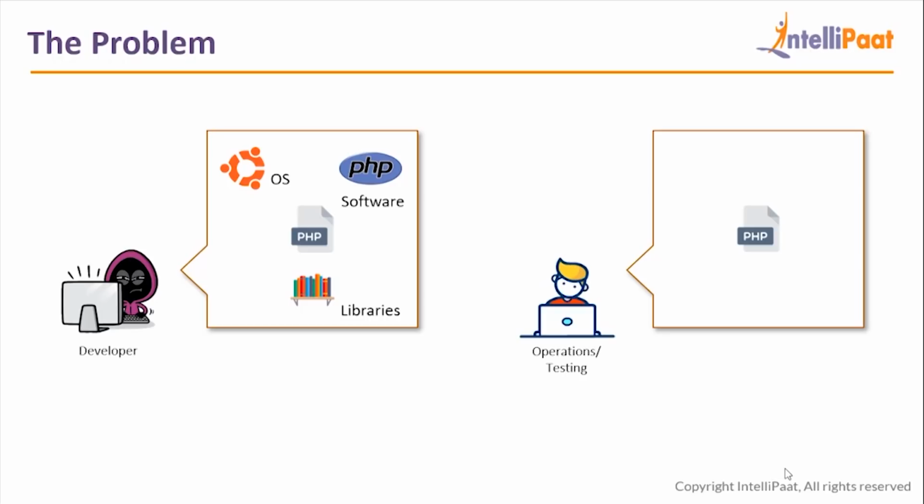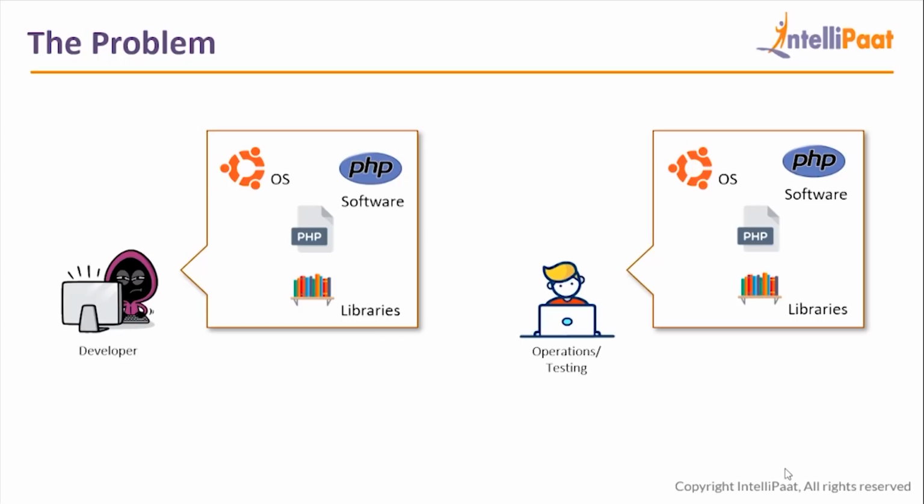Right? But the difference over here is now the PHP file is ready. It is just that he has to run this file on his system. Right? So the first thing that the ops guy would do is replicate the environment that the developer is having, right? So he would get the same OS, the same software, and the same libraries to run that PHP program.